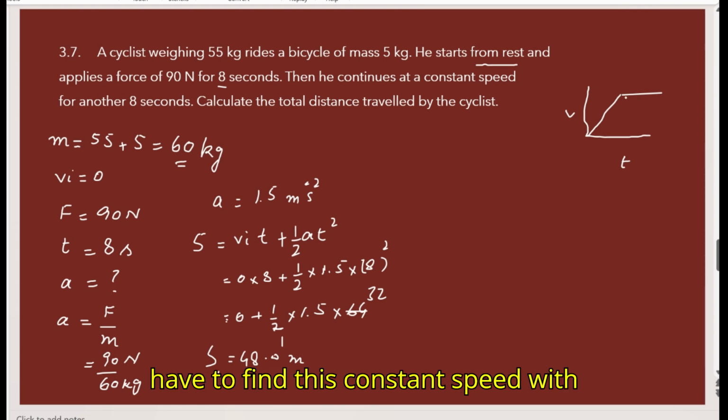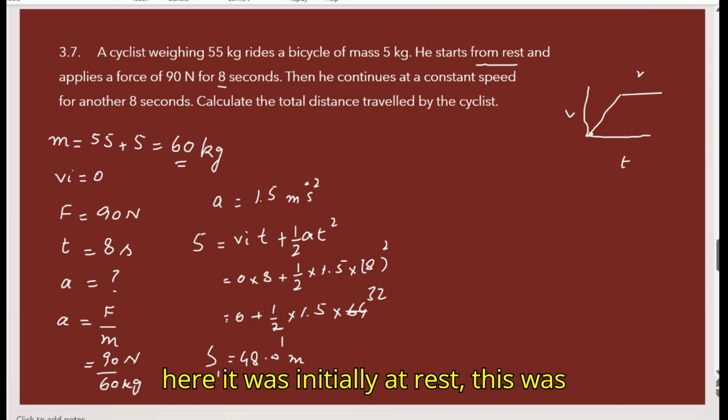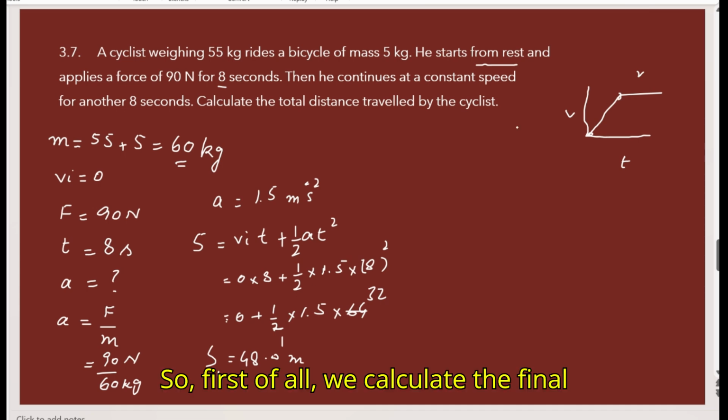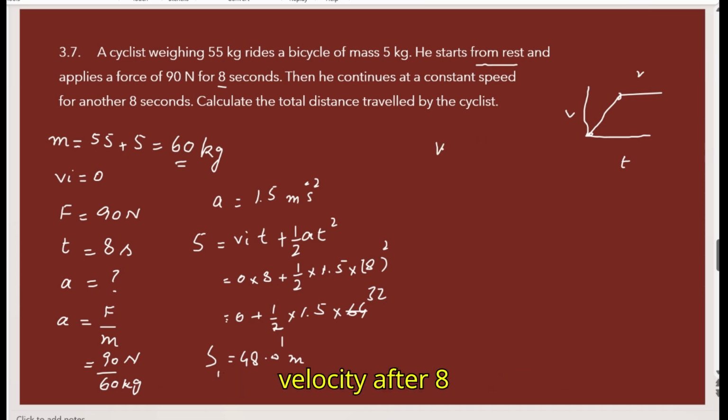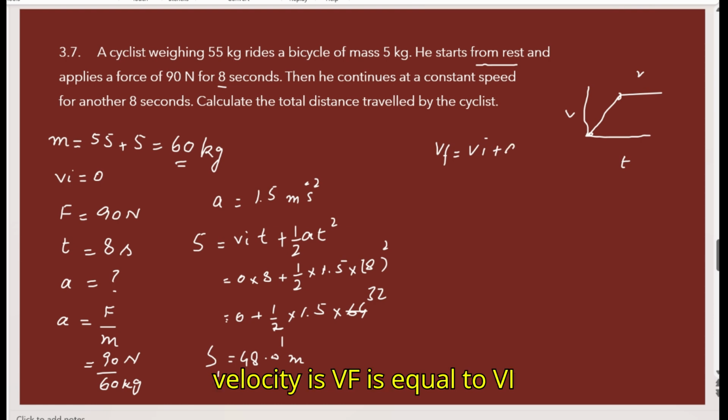First of all, we have to find this constant speed with which it went on moving. Since here it was initially at rest, this was Vi, and here it will be Vf. So first we calculate the final velocity after 8 seconds when the force was applied, and the formula for the final velocity is Vf is equal to Vi plus at.